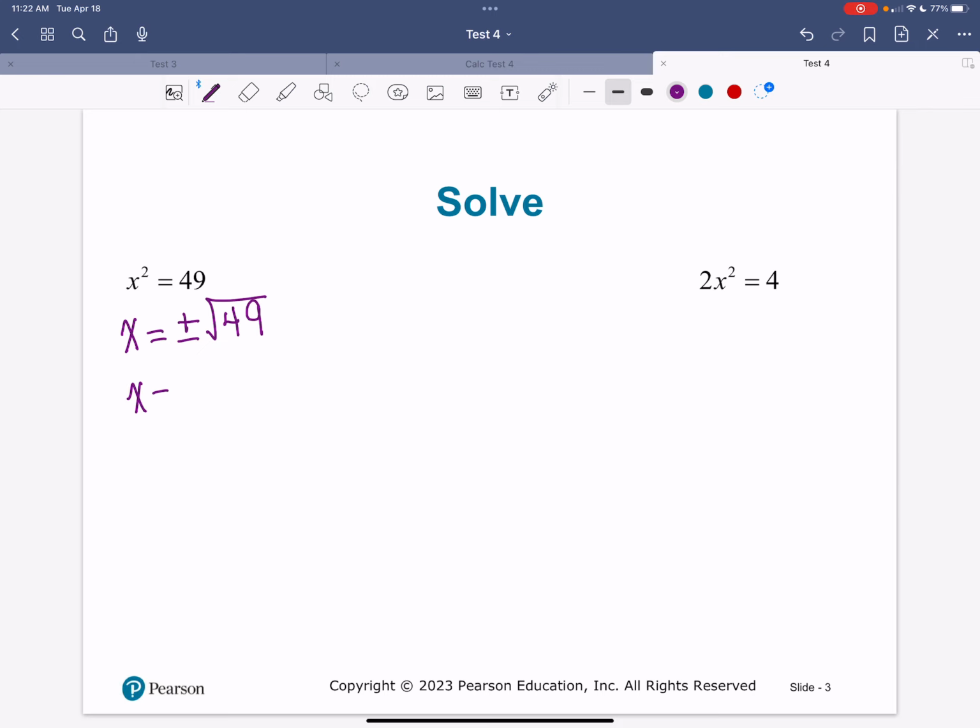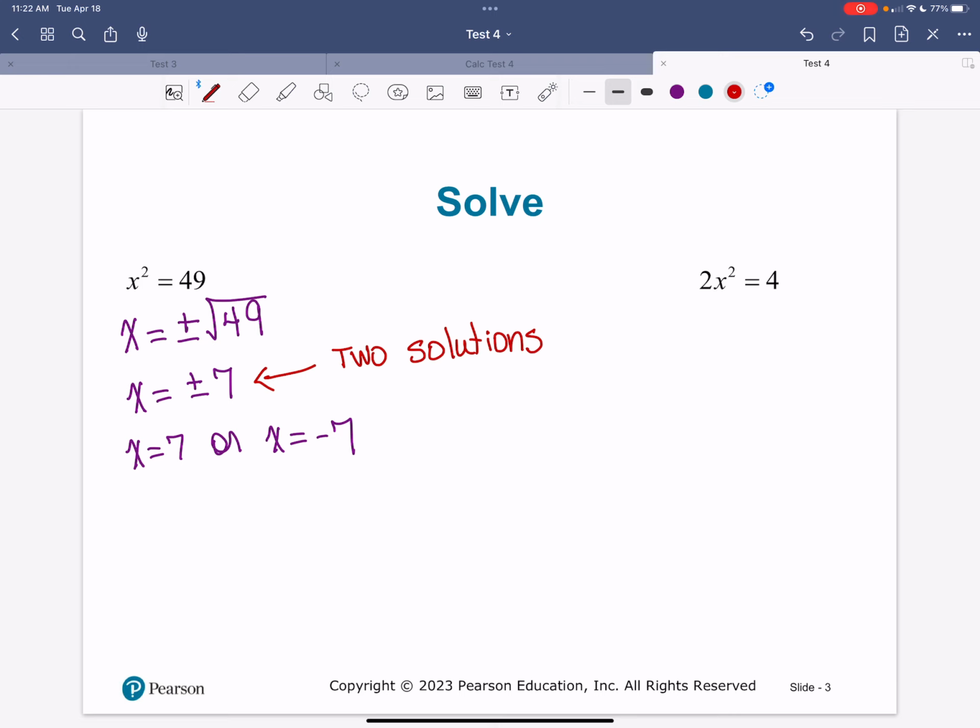So x can be positive or negative 7, and you could write that as x equals 7 or x equals negative 7. So you actually have 2 solutions here.